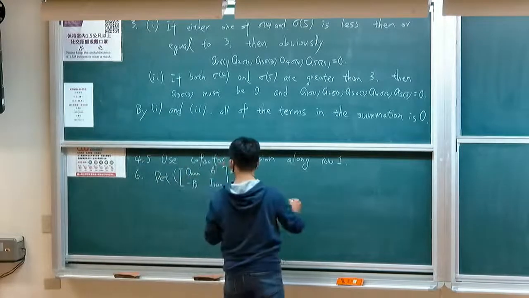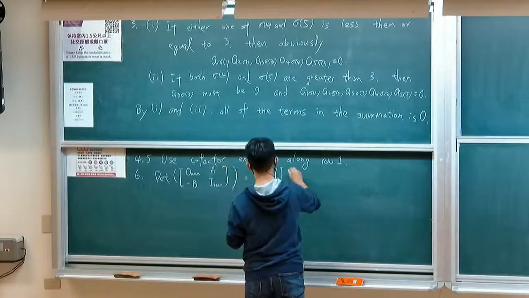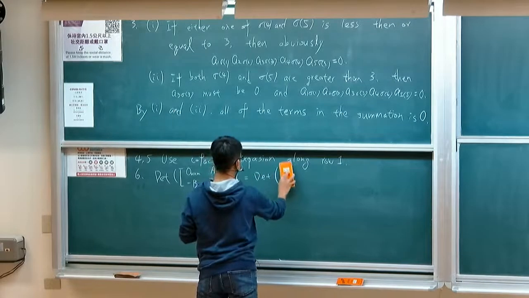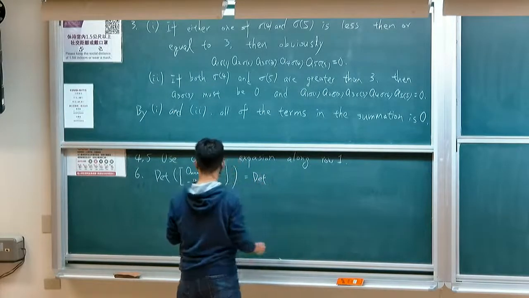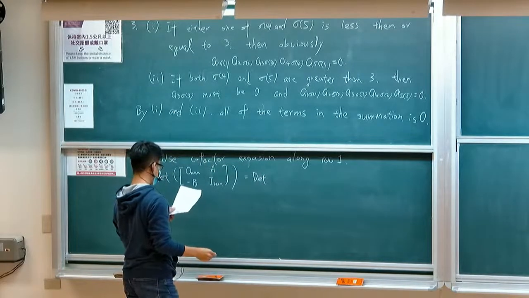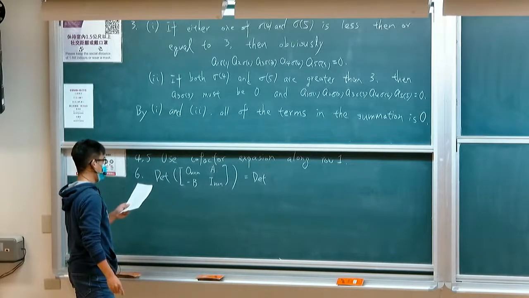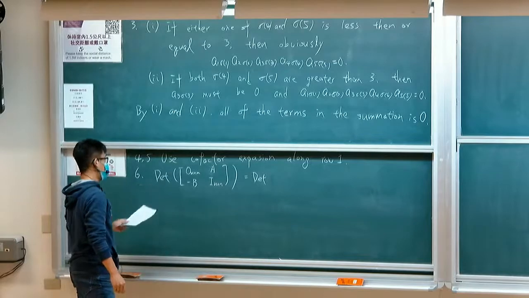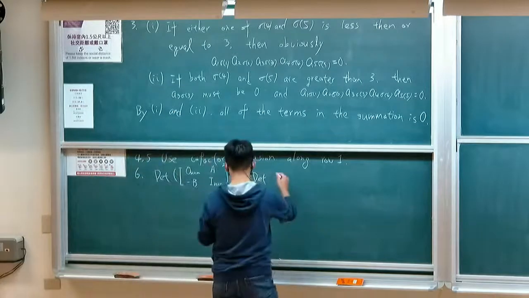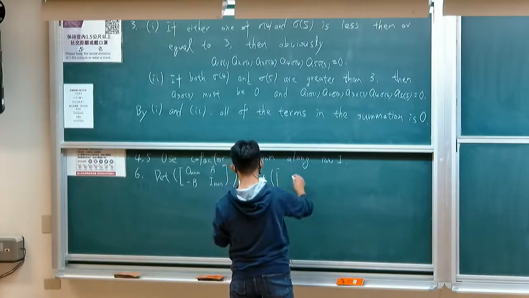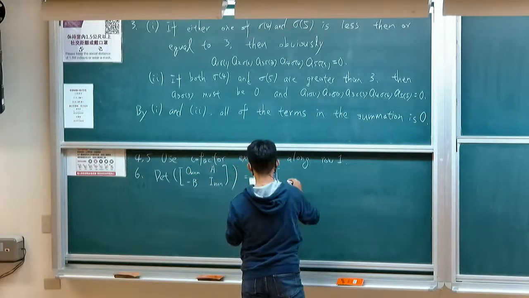Now since we want to use the formula for block triangular matrices, we want to make this block a zero matrix. How can we do that? First, we multiply this determinant by a term that is equal to 1.